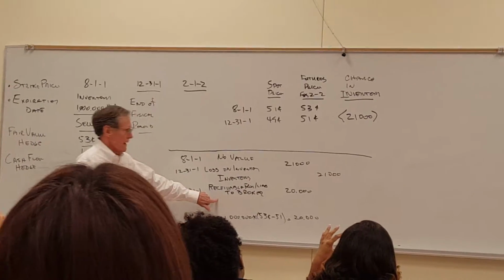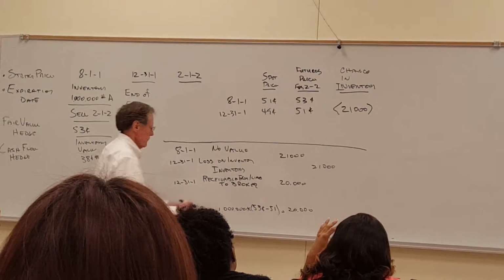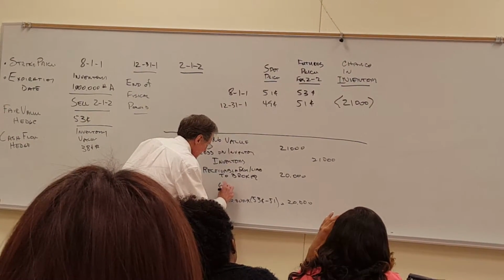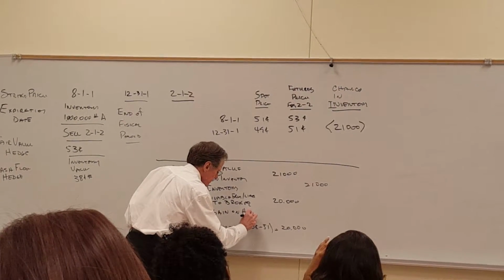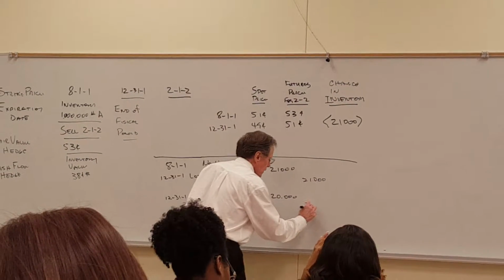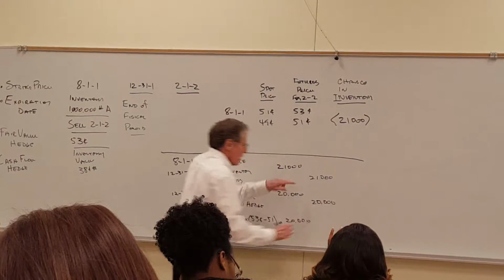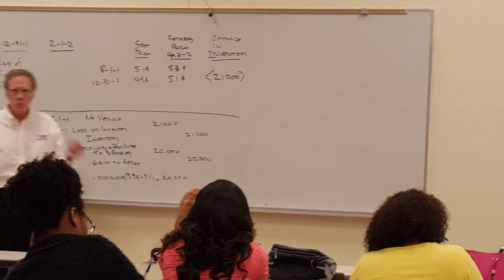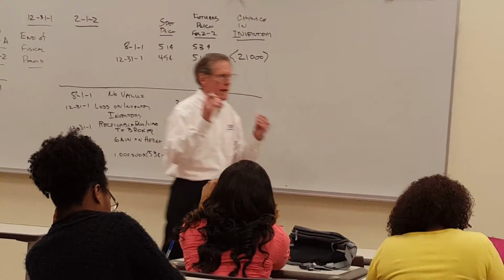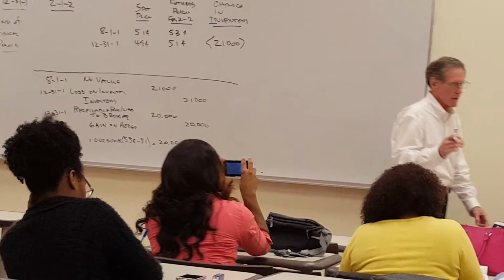So we have a receivable of $20,000 from the broker, and we have a gain on hedge of $20,000. So we lost $21,000 on our inventory. We made $20,000 on the hedge. We're a net loser of $1,000.